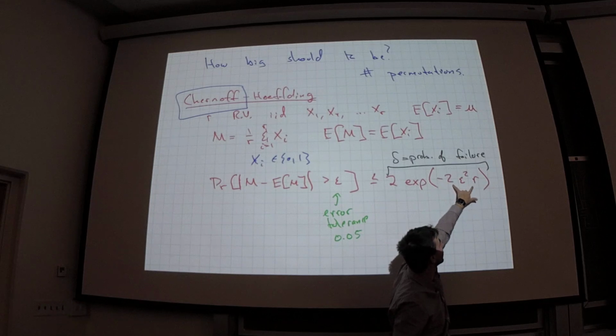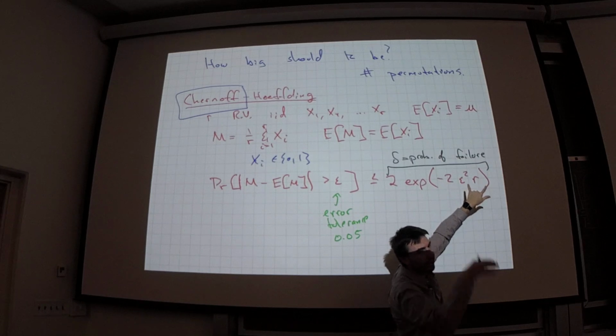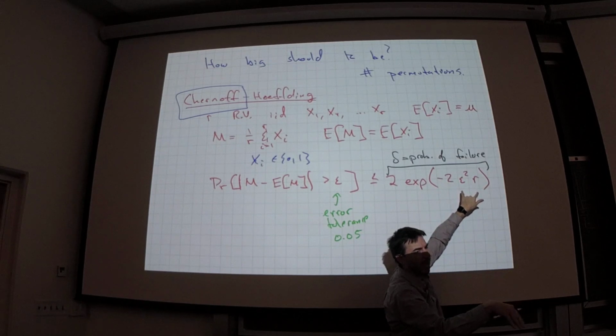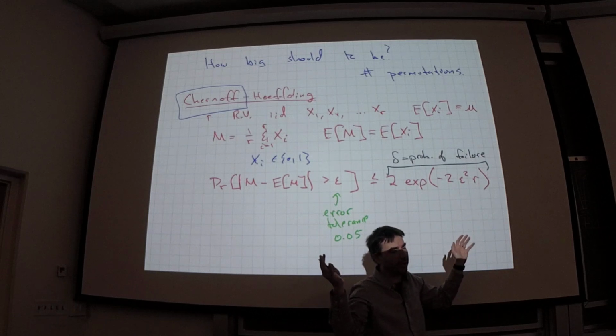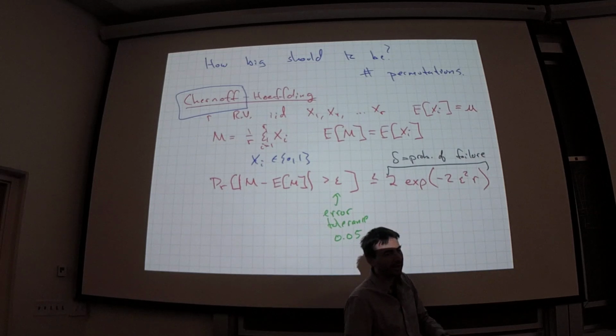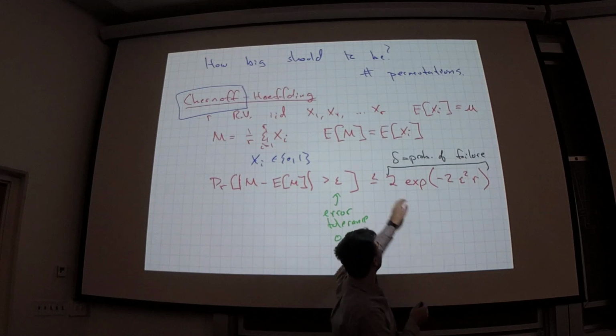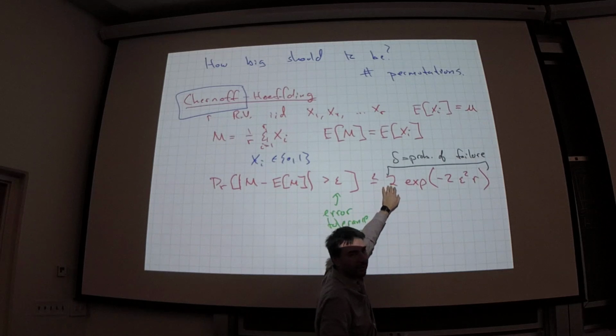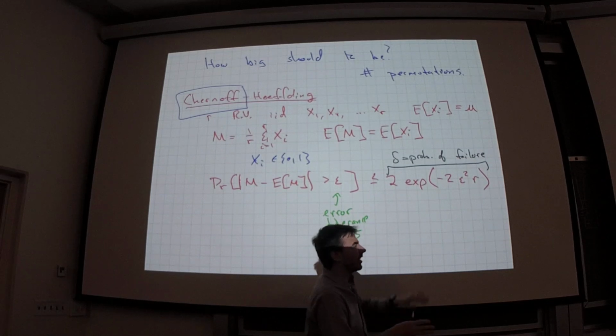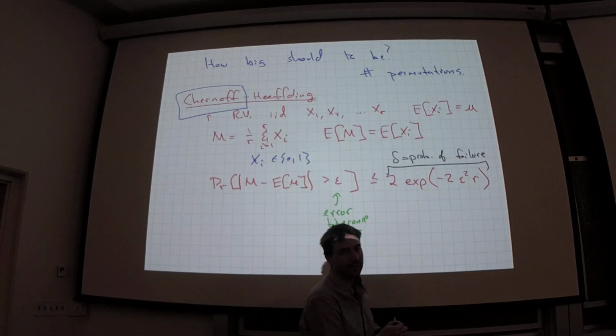That means as this quantity gets larger, it's going to go down. E to the negative 100 is going to be a very small number. E to the negative 0.001 is going to be close to 1. And I've got a 2 in front here. There are versions where you can sometimes get rid of this 2, and there are lots of versions of this bound, but this is an easy to work with version.